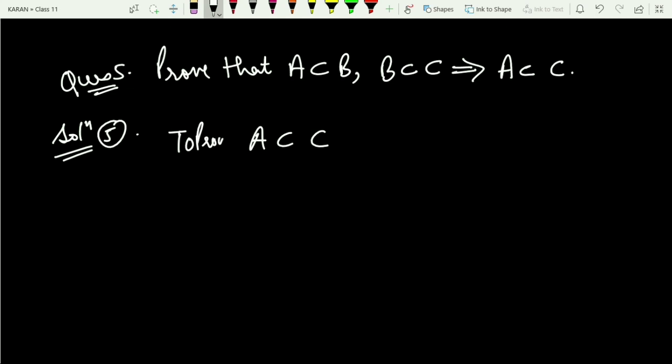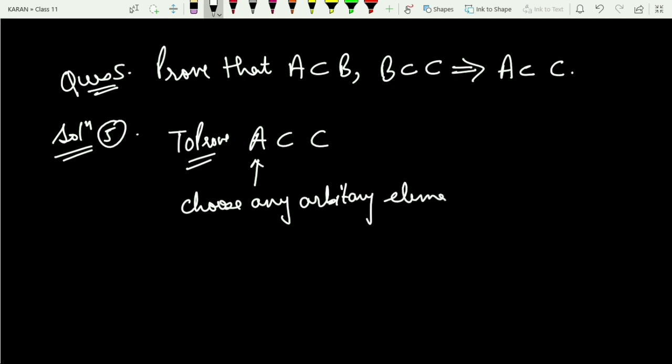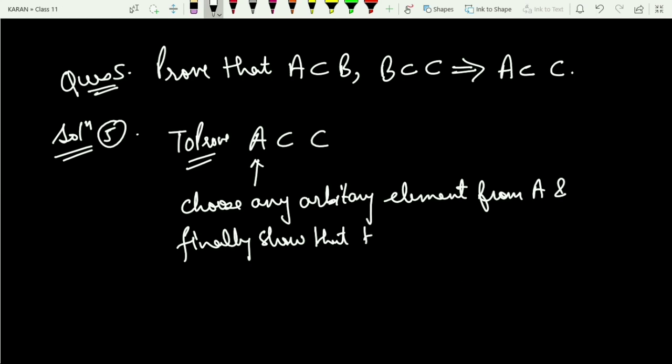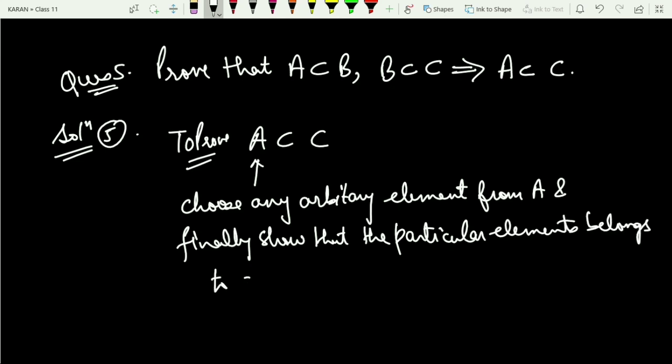And remember students, whenever you have to show containment in mathematics, firstly you will choose any arbitrary element from A, and finally show that the particular element belongs to C. If you are capable enough to show this, then you can say that A is contained in C. So follow the same approach.